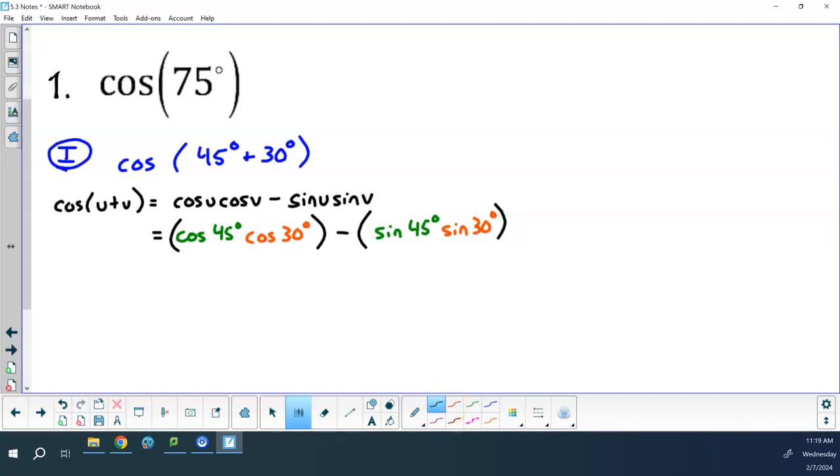Go back up here and color code this. On the unit circle, what is the cosine at 45 degrees? Square root 2 over 2, no pi? Because you started out with pi.